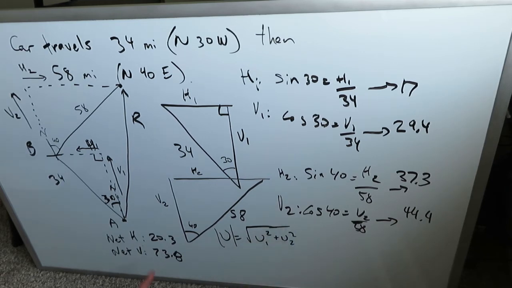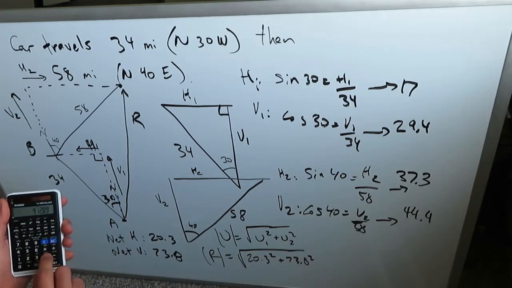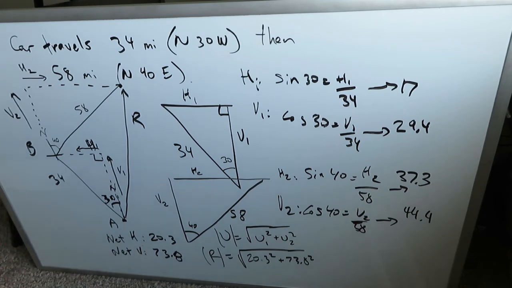So for your resultant, you'll do 20.3 squared plus 73.8 squared, and you square root it. I get a resultant here of 76.54.